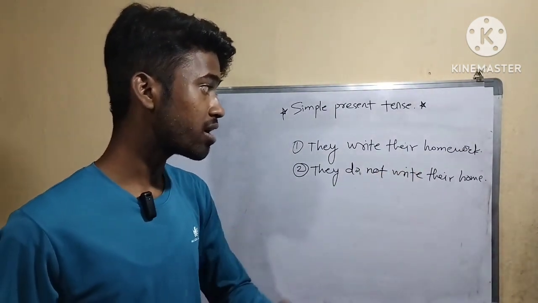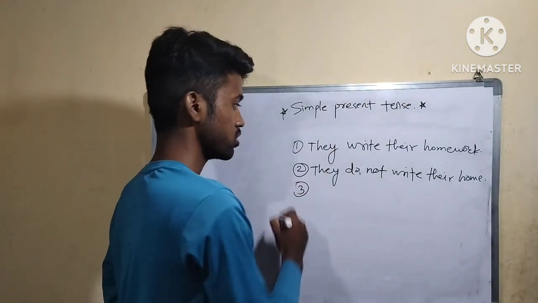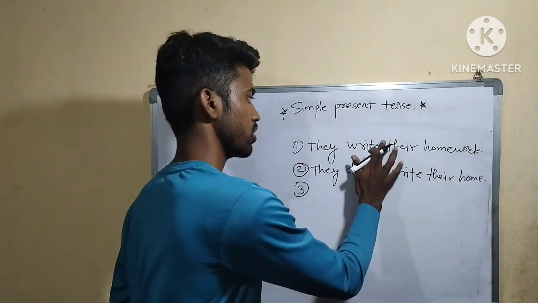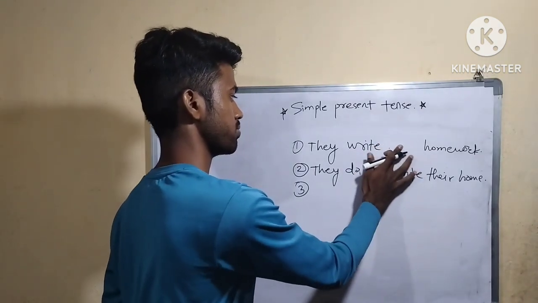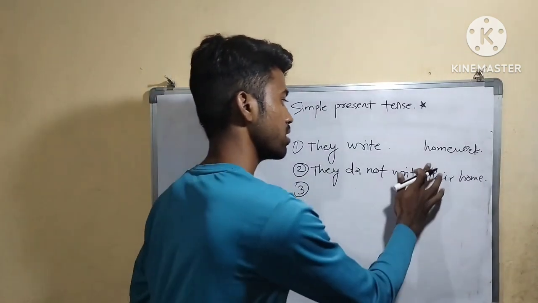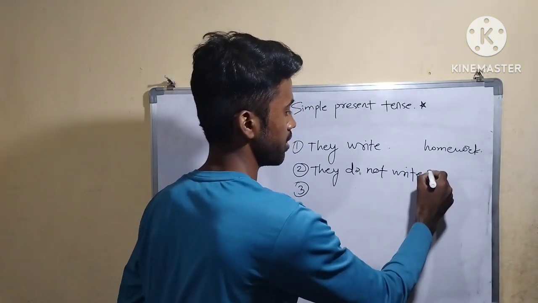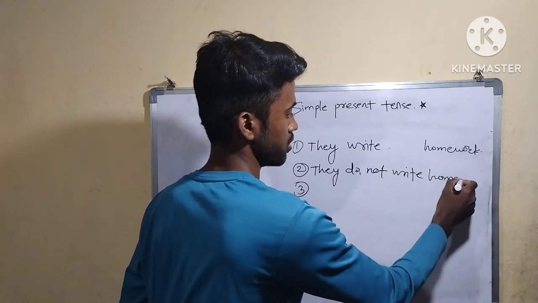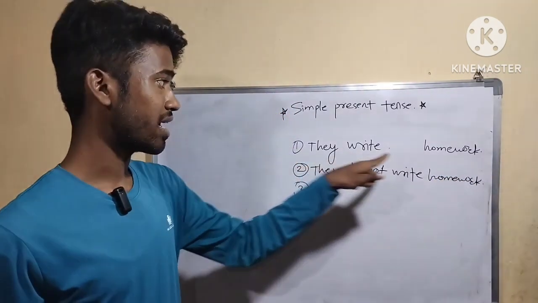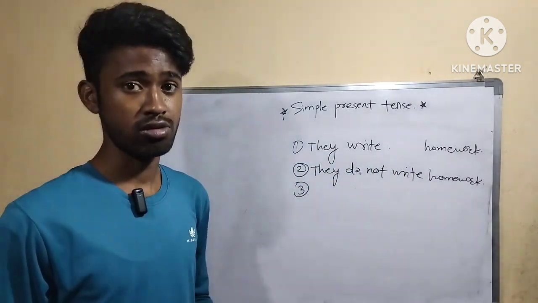Since the space is not enough, instead of their homework we can write only homework. So the first is they write homework, and the negative one is they do not write homework.